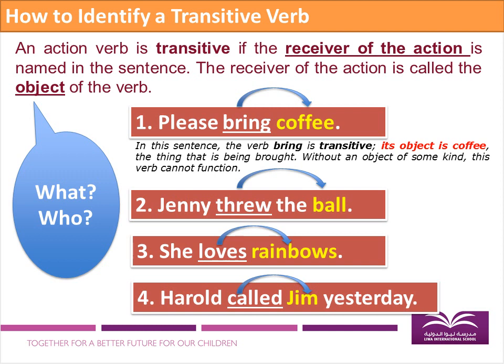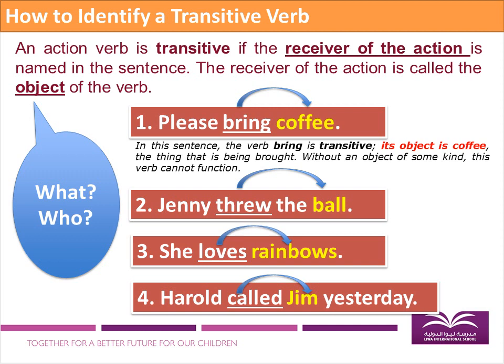Because it has an object. The object is coffee. Let's ask this question then. What? Please bring what? Coffee. Its object is coffee, the thing that is being brought. Without an object of some kind, this verb cannot function.